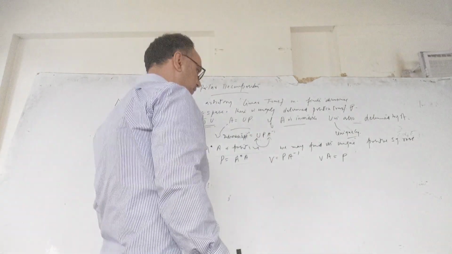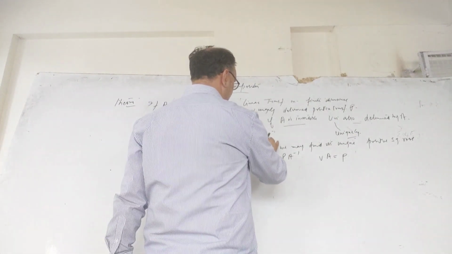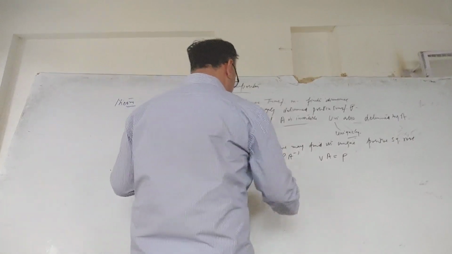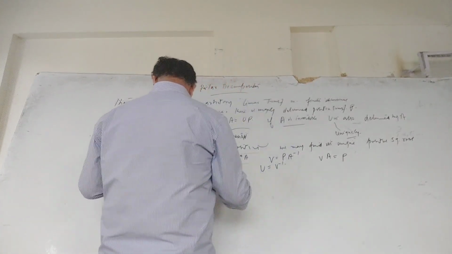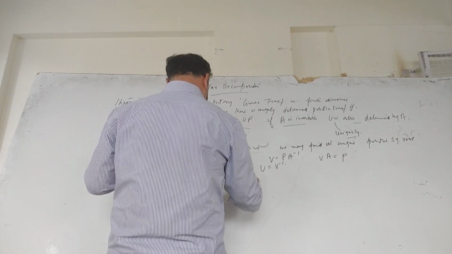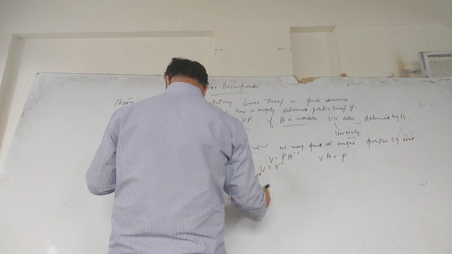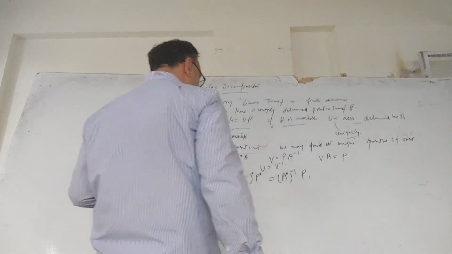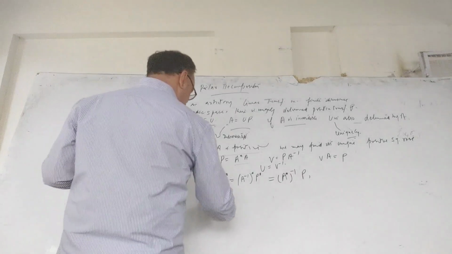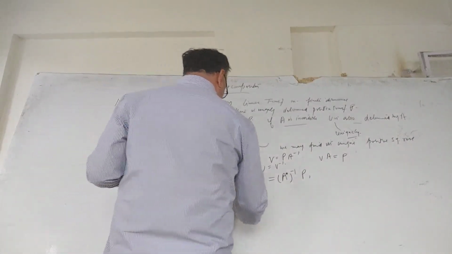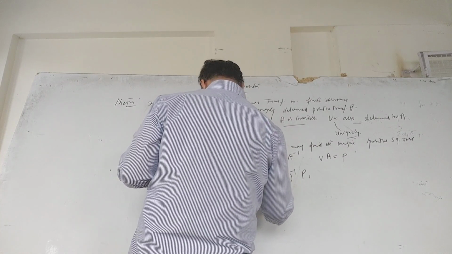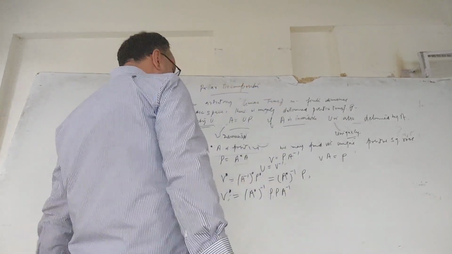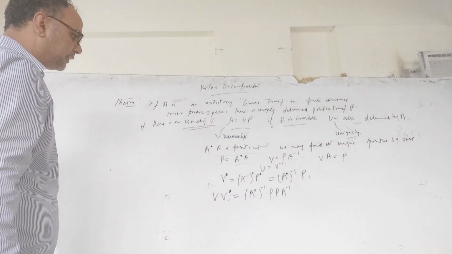Then V star V is equal to A inverse star P P A inverse, so V star V is equal to A star A.